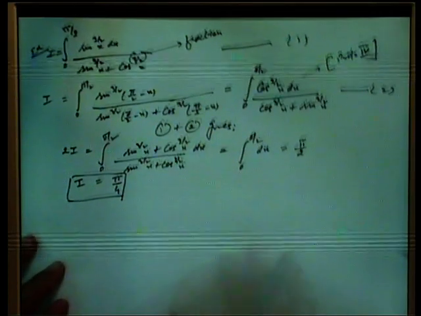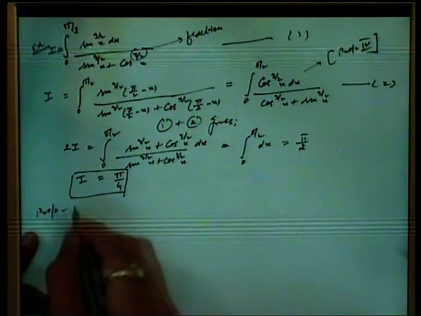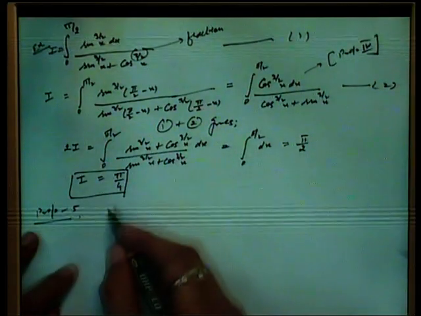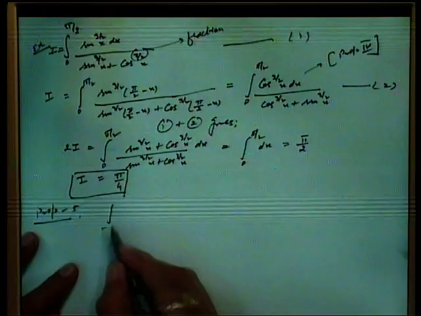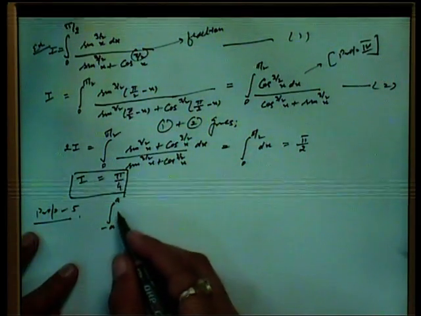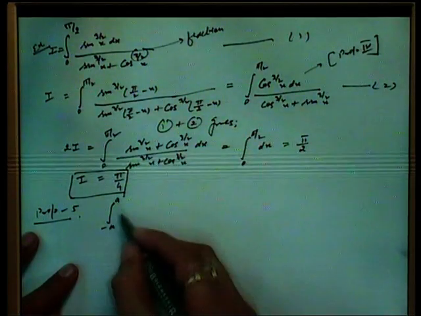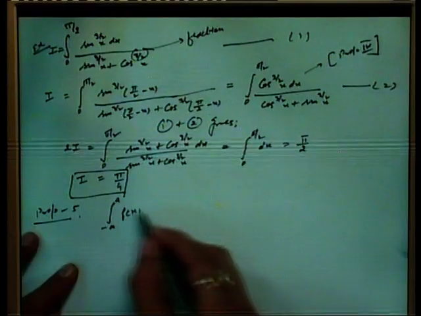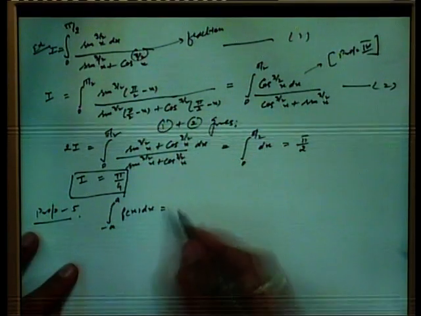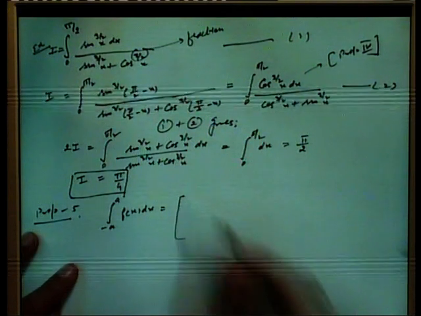Now we are left with 2 properties, that is property number 5. This property is only for when the limits are minus a to a, that is minus pi by 2 to pi by 2, minus pi to pi, where the lower and upper limits differ only by a negative sign. So here we have 2 cases.